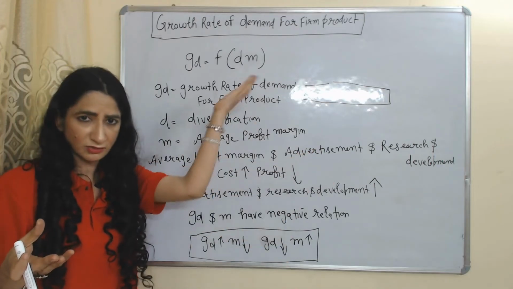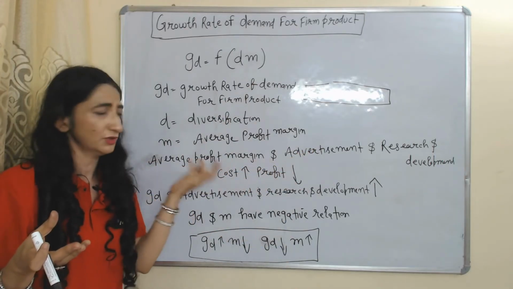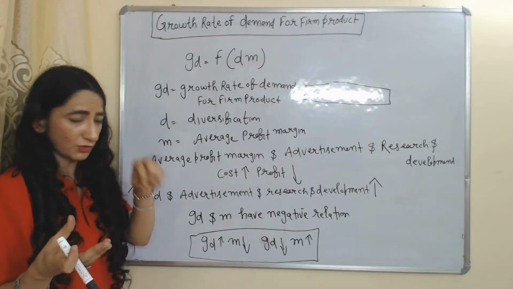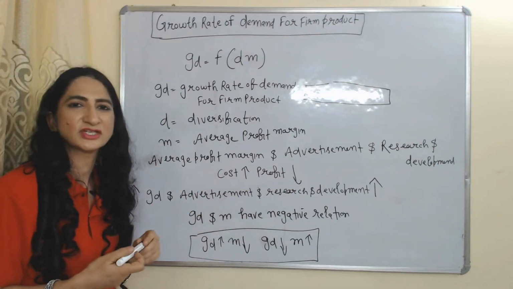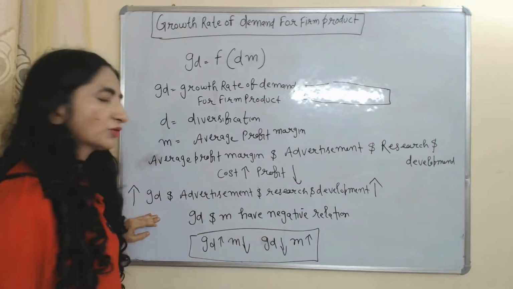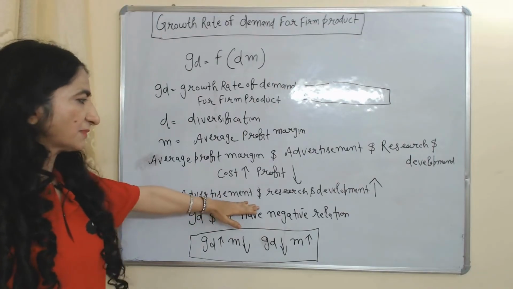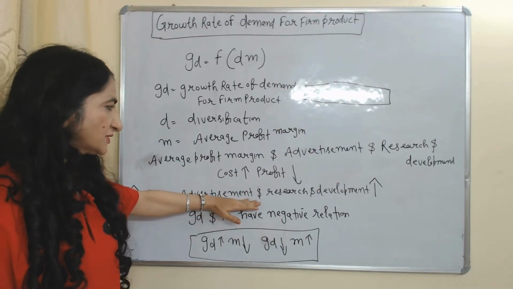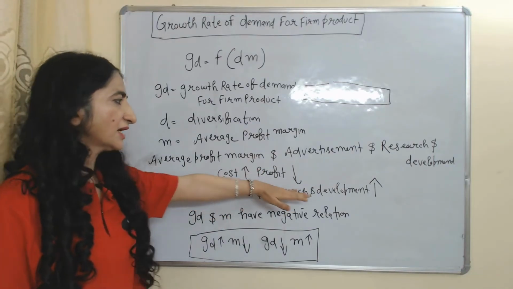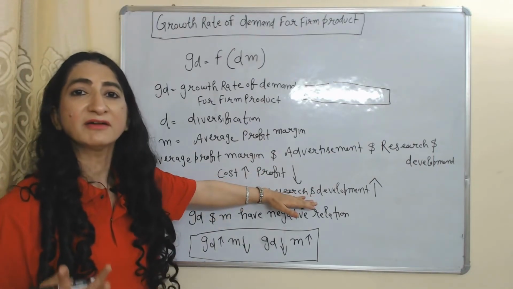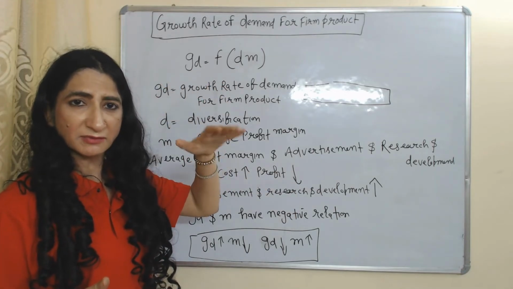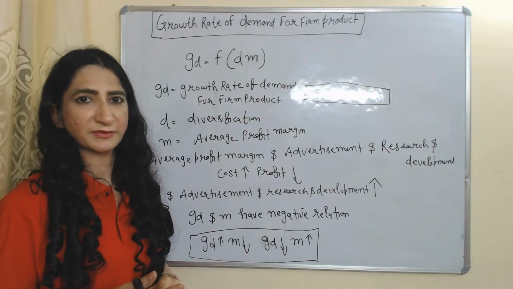As a result, your profit margin is increasing, but your growth rate is falling, because your growth rate according to this model mainly depends on expenditure on advertisement and research and development, because this expenditure will bring diversification. And as we earlier discussed in the assumptions, in this theory we assume the firm grows through diversification.